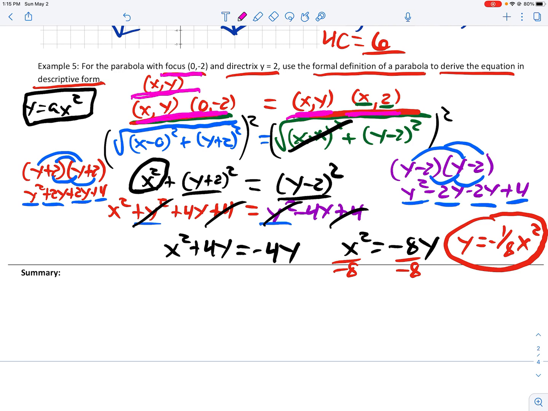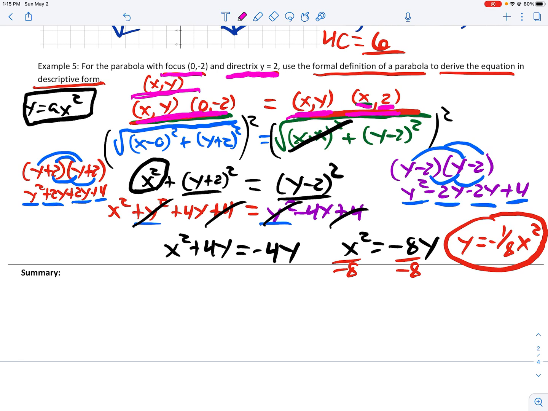How did I get the point on the directrix? Well, they said y is 2, so I put 2 there. I don't know what the x coordinate is, so I just put x. Then all I did was find the distance between those 2 points using the distance formula. Doing a lot of algebra, right?